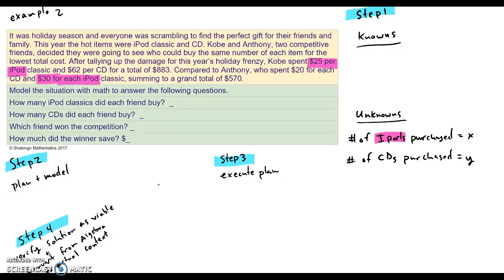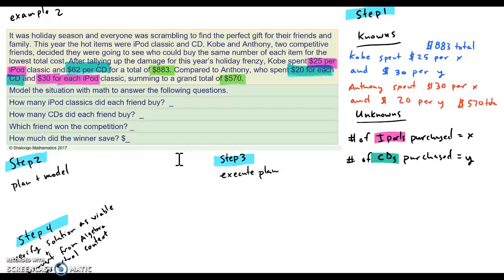We also know that Kobe spent $62 per CD and Anthony spent $20 for each CD. The last things that we know: Kobe spent a total of $883, and we know that Anthony spent a total of $570.